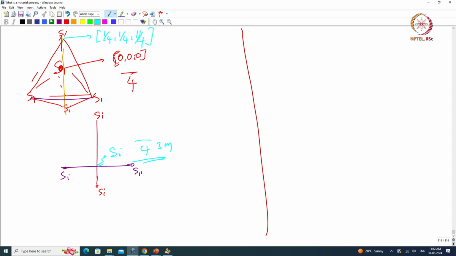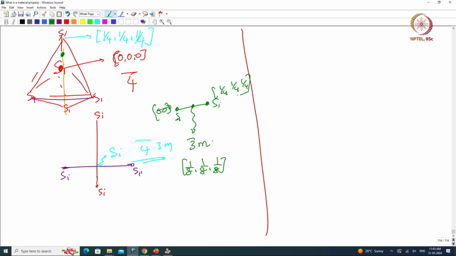Now it turns out that if I take the silicon-silicon bond and look at the position at half the bond, that has a 3 bar m symmetry. In other words, the point is 1/8, 1/8, 1/8. This is 0, 0, 0, this is 1/4, 1/4, 1/4.